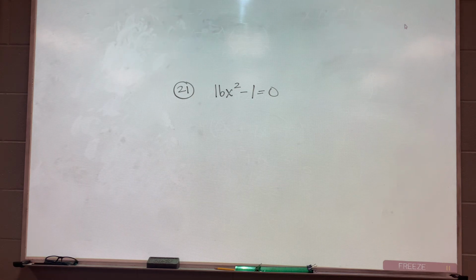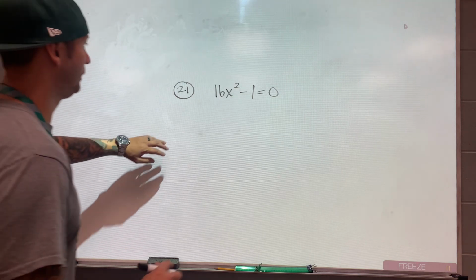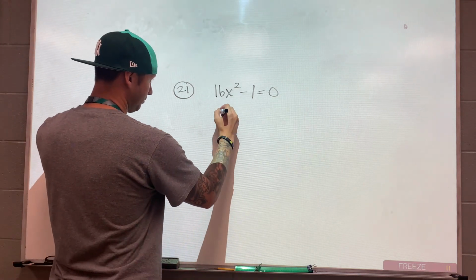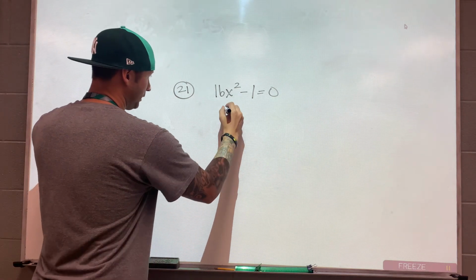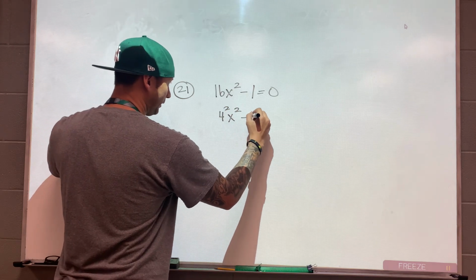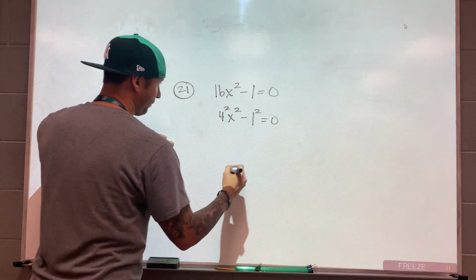All right, so there's a couple ways you can do this. There's a single variable. I can move the 1 over, divide by 16, take a square root. I know it's going to come out to 1 over 4. But let's see if we can do it by factoring. So this is 4 squared, x squared, 1 squared.